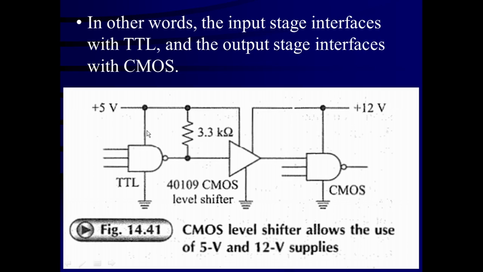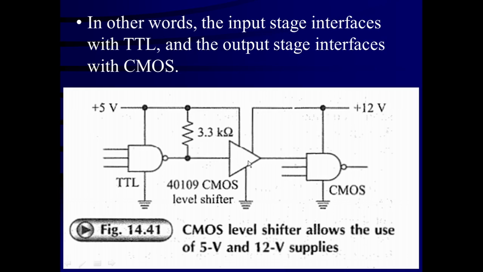In the high state, in the worst case conditions, the TTL output can be a minimum of 2.4 volt, and from 2.4 volt, because of the pull-up resistance of 3.3 kilo ohms, the voltage can be pulled up to 5 volt, which is more than 3.5 volt, so it will be considered a valid high state input, compatible with the CMOS input.